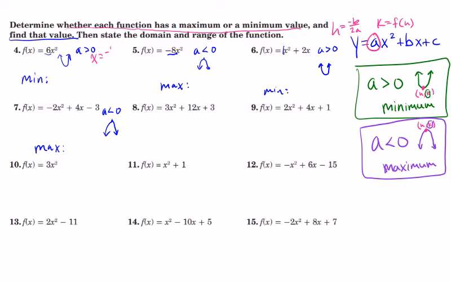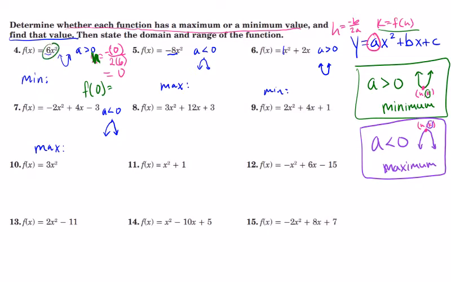Okay, so here we go. Let's find h. Negative b, here the b is 0 in this one because we don't see it, and then 2 times 6. So that's just going to come out to be 0. That's what the h value is. Now to find k, we're going to do f of h, so f of 0.